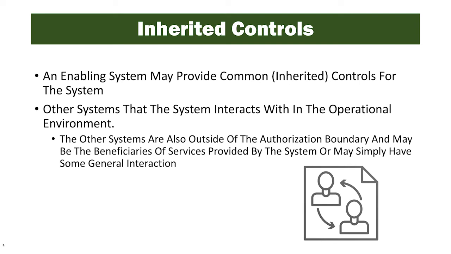We're going to have some inherited controls that are provided by systems outside of our boundary, and we're also going to have interaction with systems that are outside of our boundaries. So we'll worry about securing the system within our authorization boundary, but we'll also interact with other systems outside of that boundary that provide services or controls, but they're outside the scope of what we are going to implement.